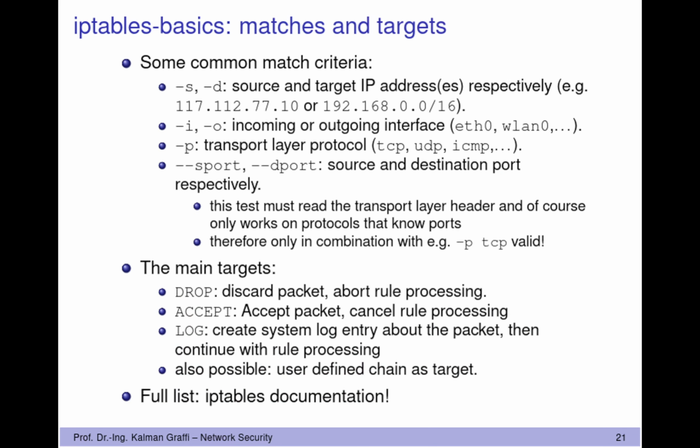Okay, so up to now we had the source and destination. That's good. We talked about the source and destination ports. They are considered. Then the transport layer protocol, TCP, UDP, ICMP. Here's something else. This is something new. You can also specify from which interface it's coming. So especially if you are a firewall, you have not just one interface, but maybe 2.